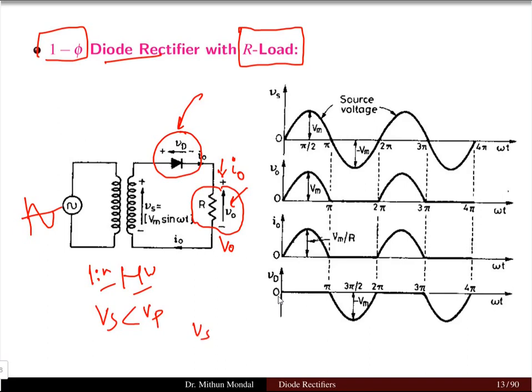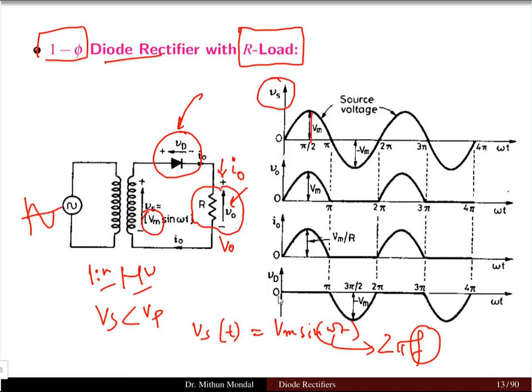So the secondary voltage will be less than the primary voltage. If we define the secondary voltage as a function of time t, then we can write it as the sinusoidal function Vm sin omega t, where omega is nothing but 2 pi f, where f is the frequency of the supply. So what happened to the sinusoidal voltage Vs? The sinusoidal voltage has the maximum magnitude Vm, which we can see here, and the time period let us take to be 2 pi, with the negative magnitude equal to minus Vm.